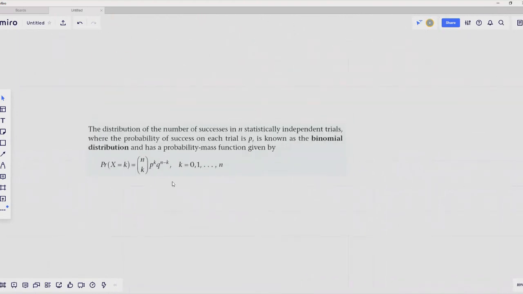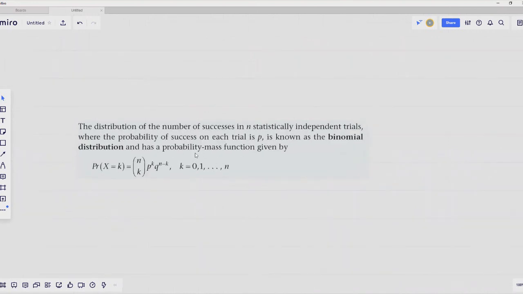So distribution of number of successes in n statistically independent trials, where the probability of success on each trial is given by p and probability of failure by q, is known as binomial distribution and has the following probability mass function that we've derived just now.